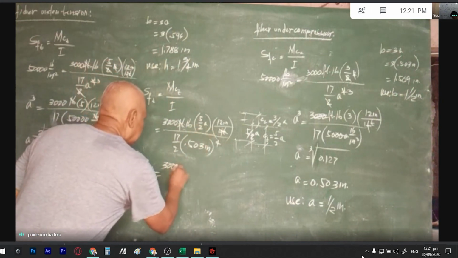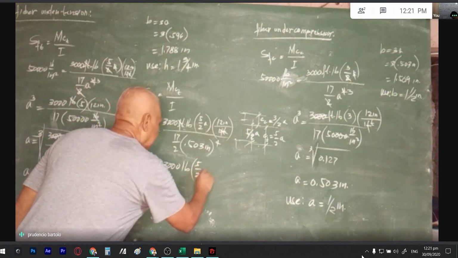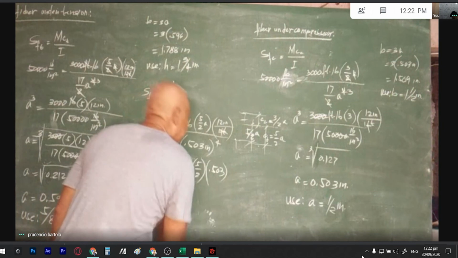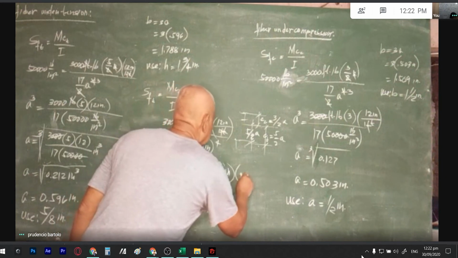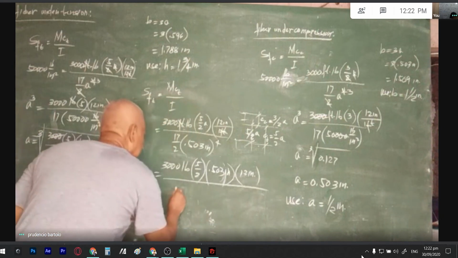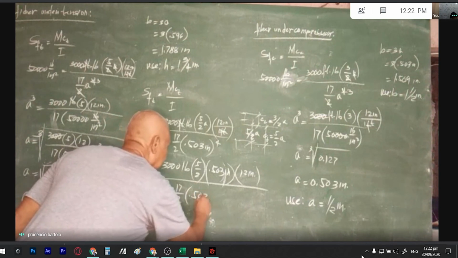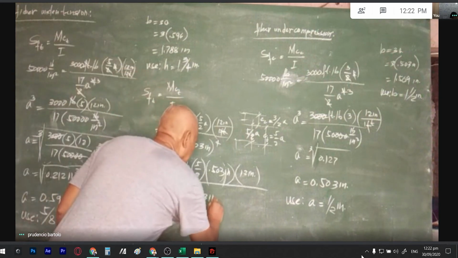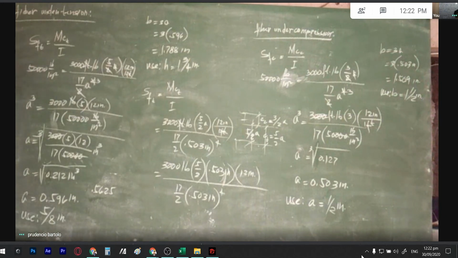So 3,000 pounds by 5/2 by 0.503 inches by 12 inches, all over 17/2 by 0.503 inch to the 4th. Moment of inertia is to the 4th.